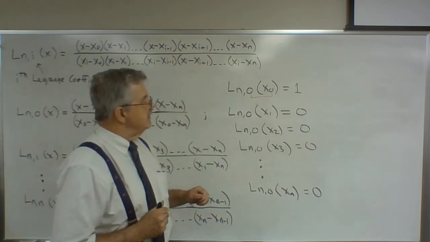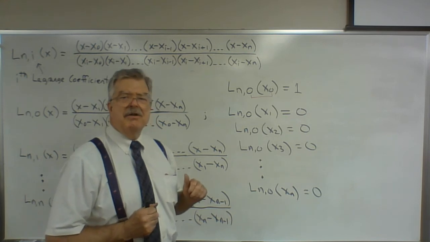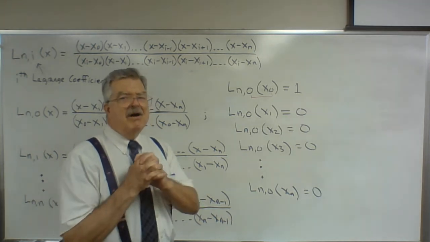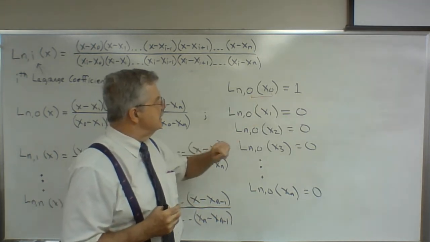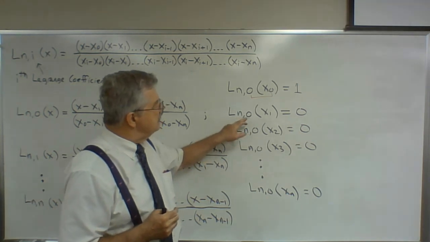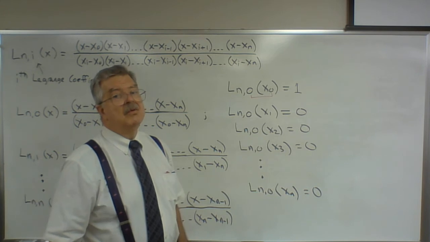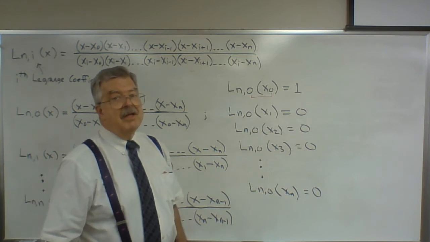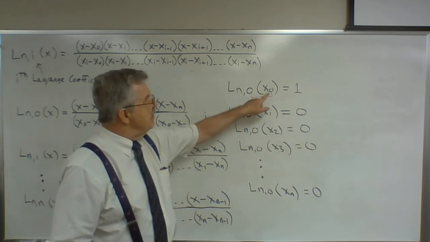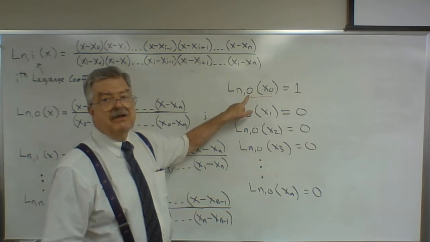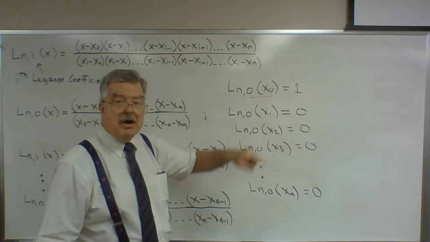So if we take the x coordinate of any data point other than the 0th data point and plug it into the 0th Lagrange coefficient, we get 0. If we plug x0 into the 0th Lagrange coefficient, we get 1.